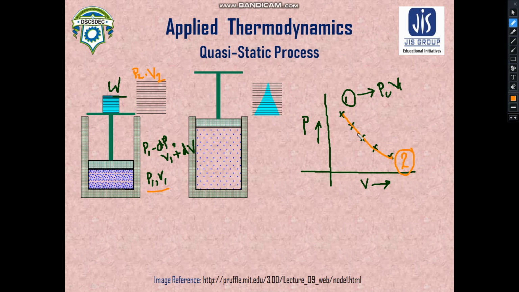This is the important thing. You have to remember all the graphs in thermodynamic diagrams are referred to as continuous lines. This can only be achieved if the processes are quasi-equilibrium processes. Until and unless the processes are quasi-equilibrium, you can't draw a continuous curve. So this is the basic thing you need to understand.